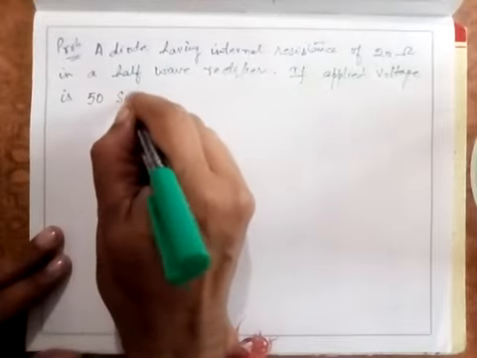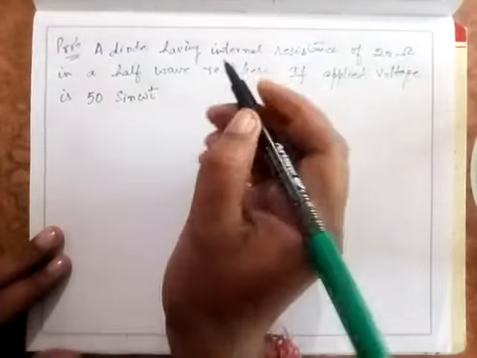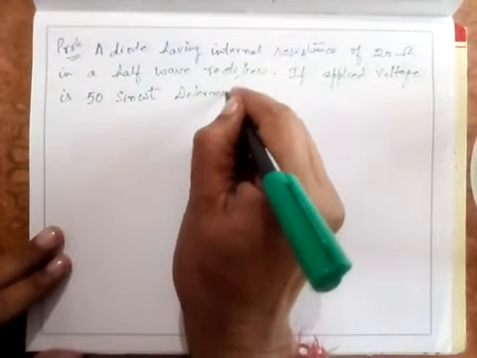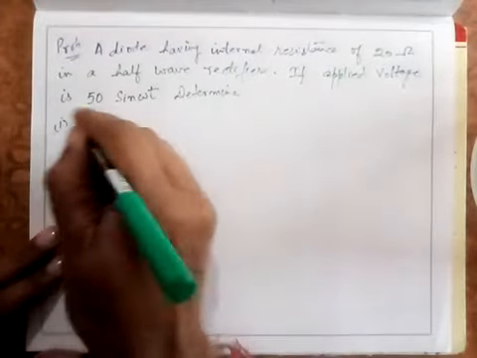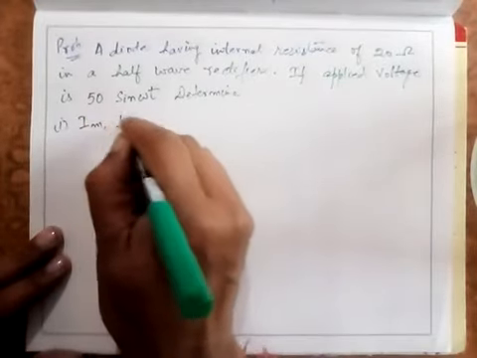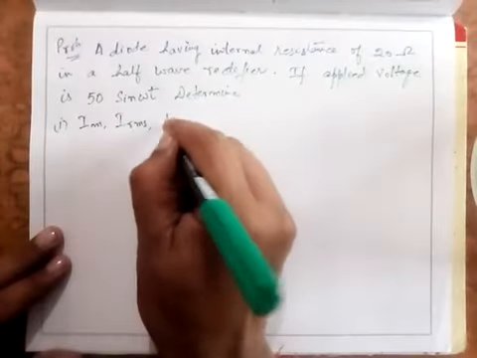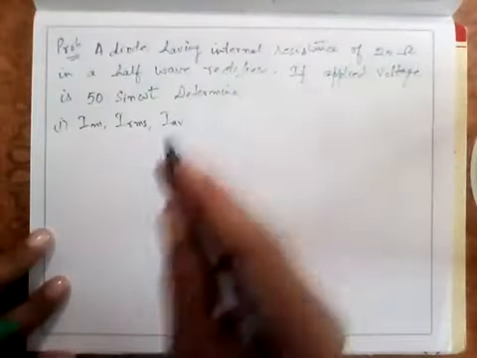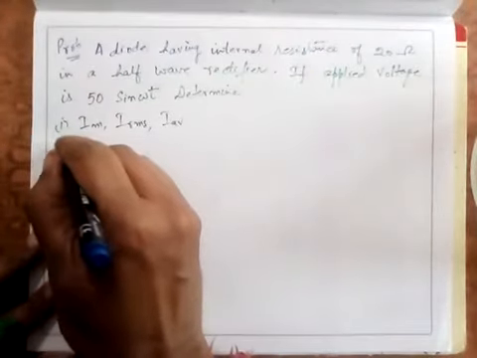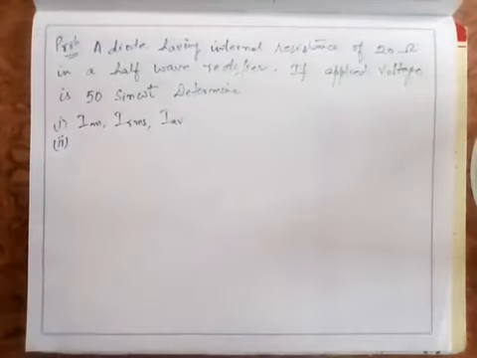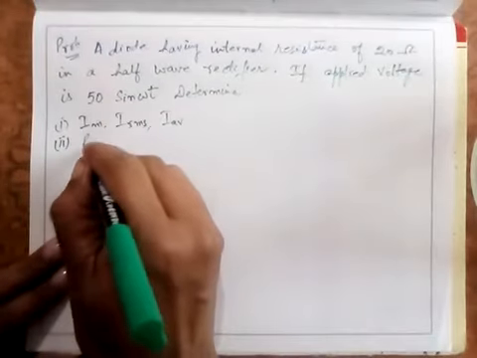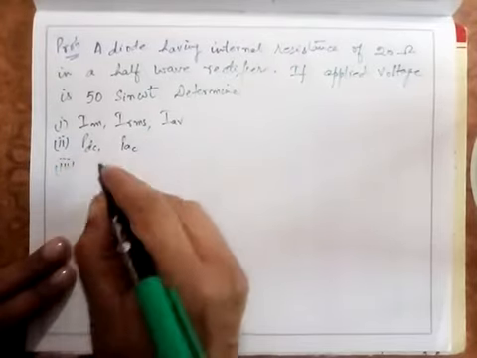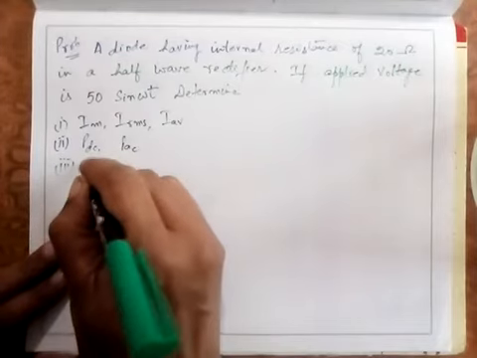Then determine, first part, the value of IRMS for the output, and I average value, average or DC value being the same thing. Second part, determine PDC and PAC. Third part, find the efficiency of this also.